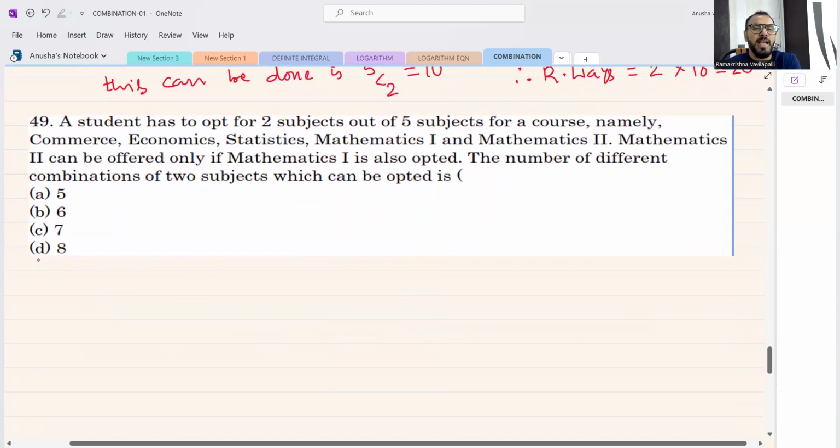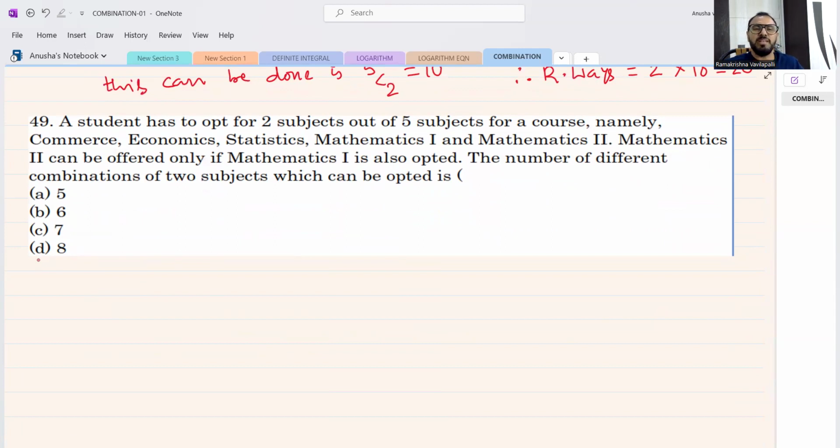A student has to opt for 2 subjects out of 5 subjects for a course, namely commerce, economics, statistics, mathematics 1 and mathematics 2.